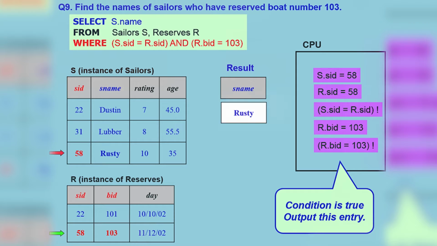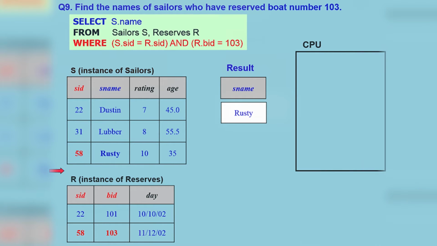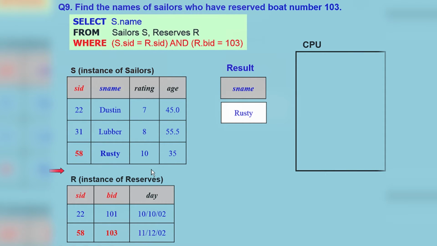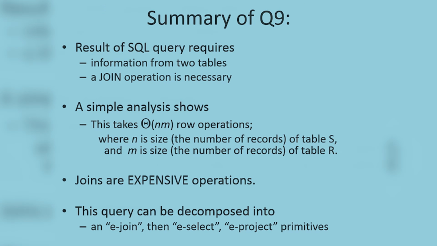And now we add Rusty to our result table. End of algorithm. Summary of query 9.